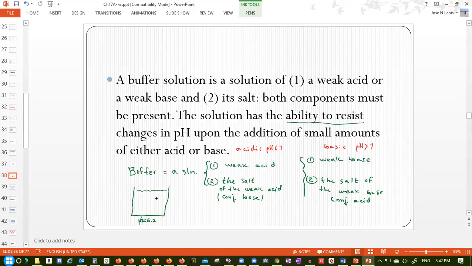There are even bacteria that live in pH around 1 and 2. Very acidic pH, and they can survive under this extreme pH condition. But others will not.